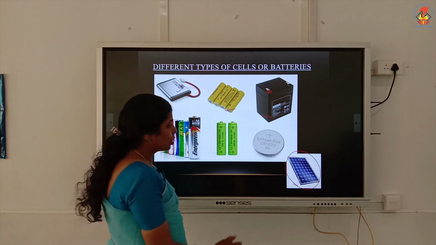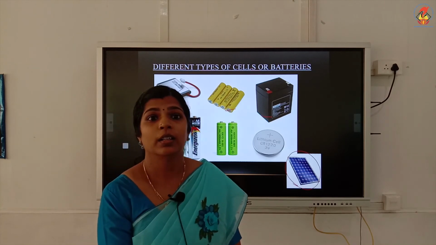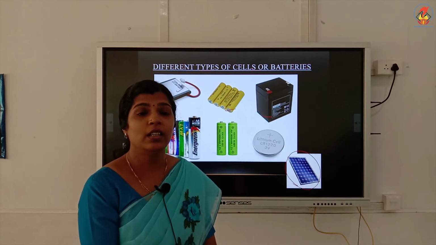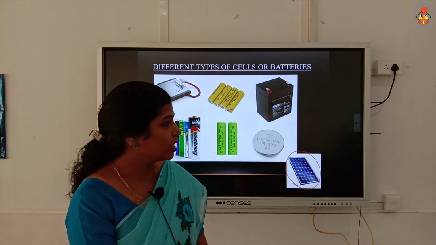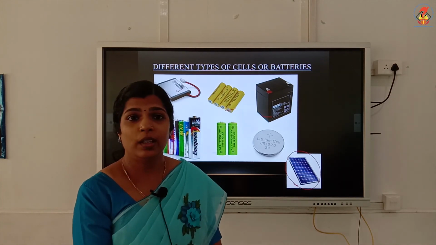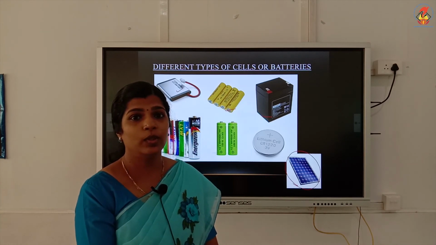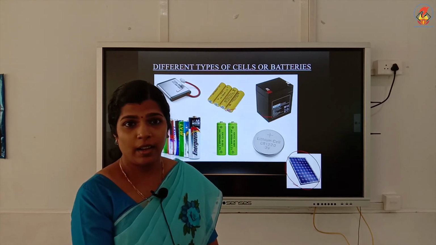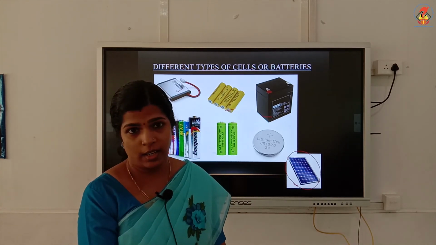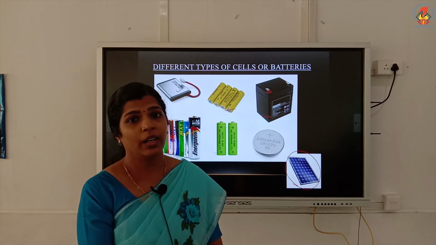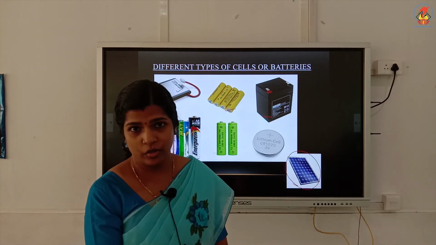Here in the solar cell, we use solar energy, that is the heat energy of the sun. The heat energy of the sun is converted to electrical energy. That is about the solar cell. It will convert solar energy to electrical energy.